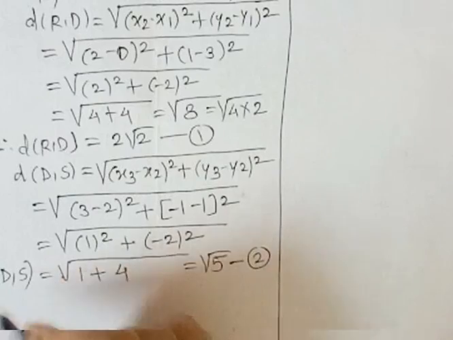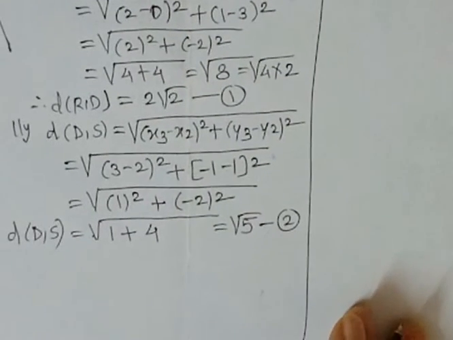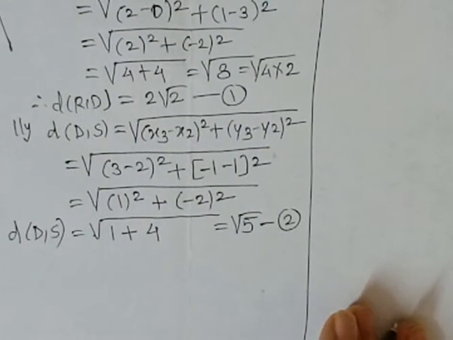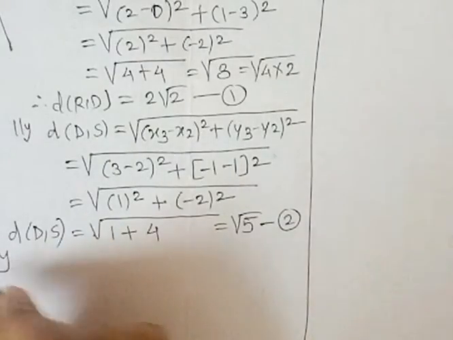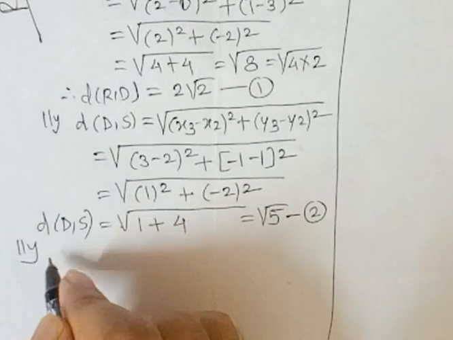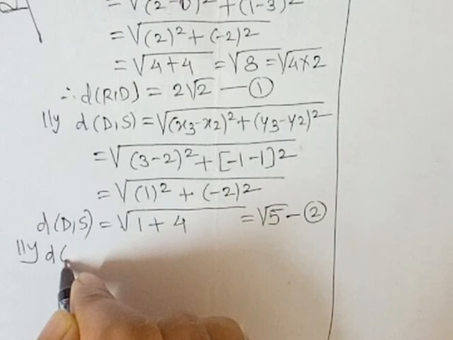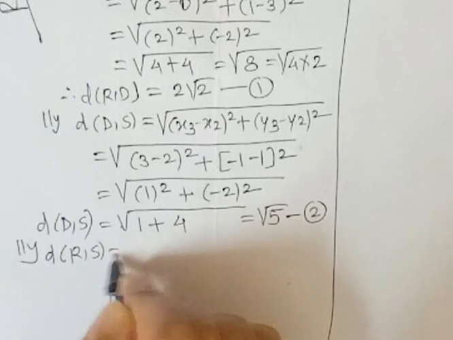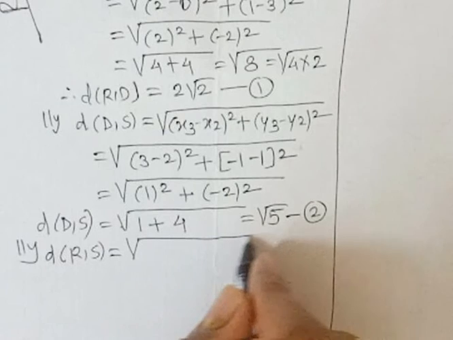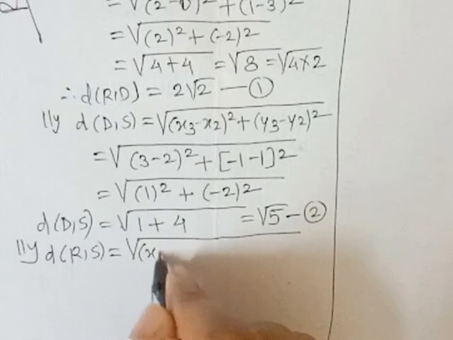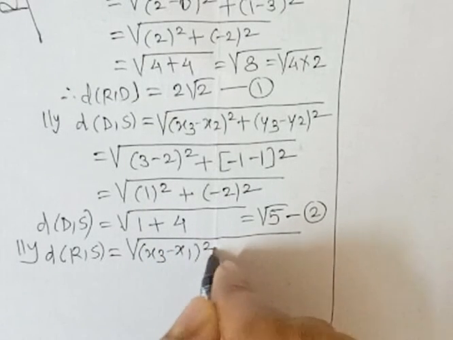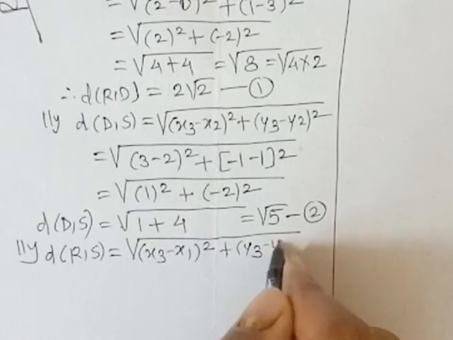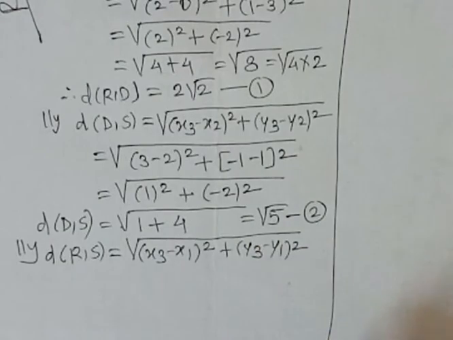Distance DS is equal to under root 5. Similarly, distance RS is equal to under root (x3 minus x1) to the whole square plus (y3 minus y1) to the whole square.